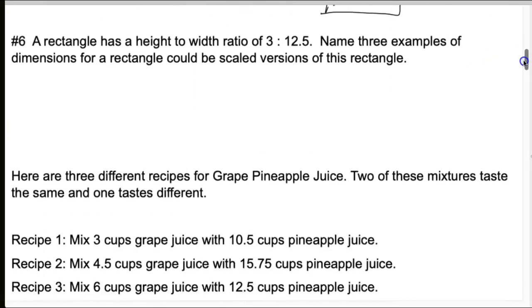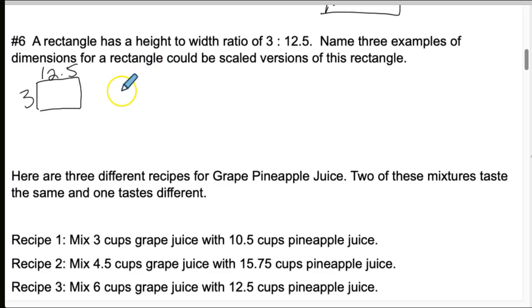Number 6, a rectangle has a height to width ratio of 3 to 12.5. Name 3 examples of dimensions for a rectangle that could be scaled versions. So width is 3, length is 12.5. I need to find 3 more that would be the same ratio, like a scale factor.